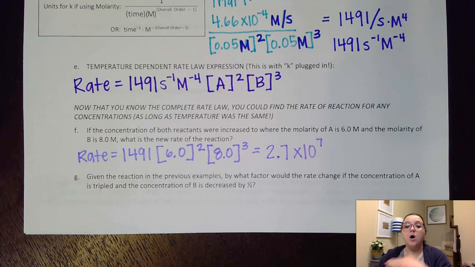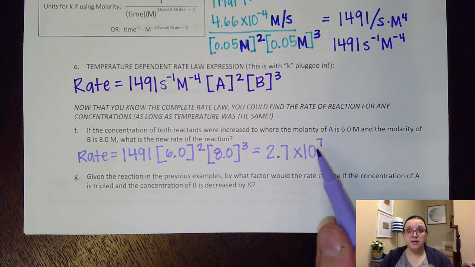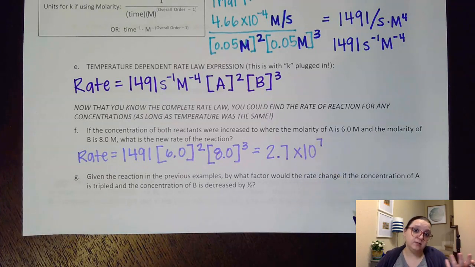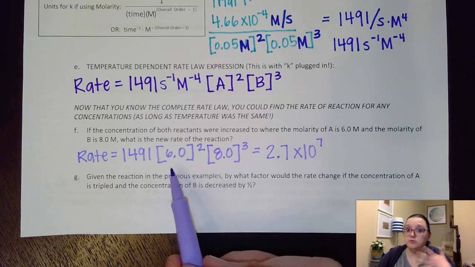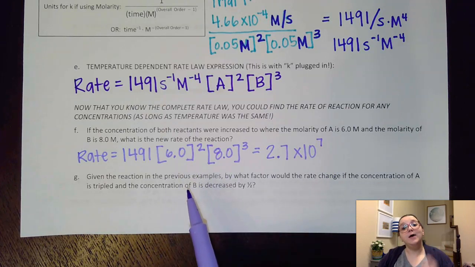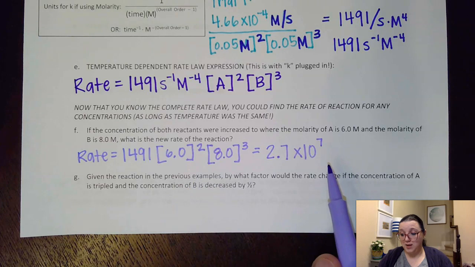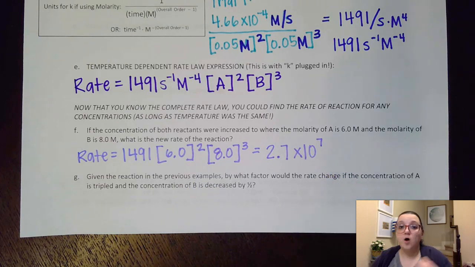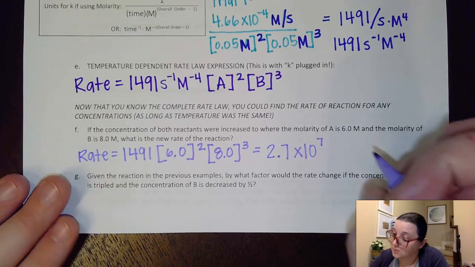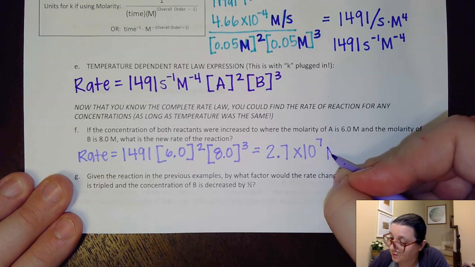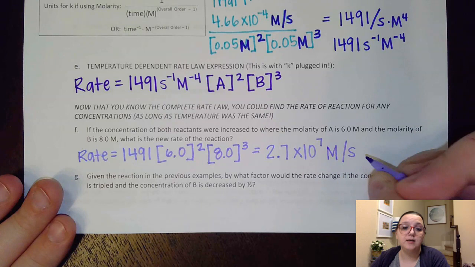You notice that is a way bigger value with that 10 to the 7th than anything that was in the table, but it should be because these concentrations are so much bigger. Now, as far as your unit for rate, it should match the unit for rate that you saw for all of those other trials. And so therefore, it should be in terms of molarity per second here.